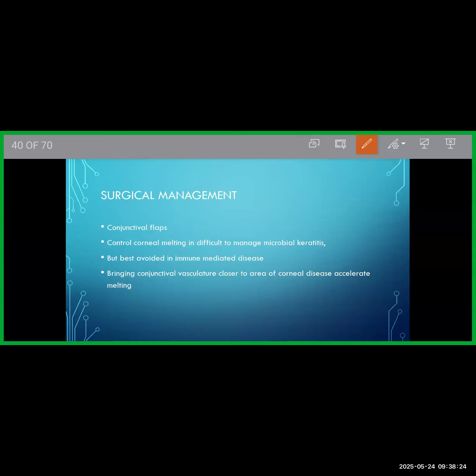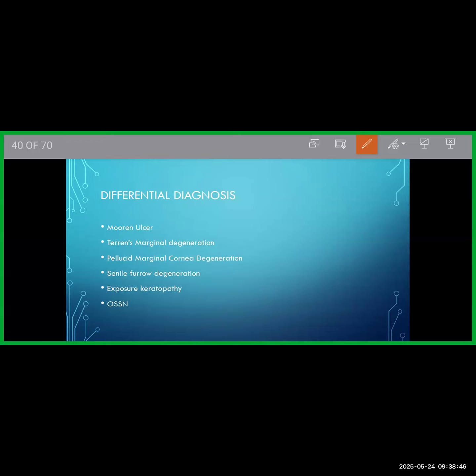But it's advisable to avoid conjunctival flap because, as we have said, most of the inflammatory cells are coming from the conjunctival vessels. So conjunctival flap is usually more beneficial for patients with Mooren's ulcer than those with PUK.